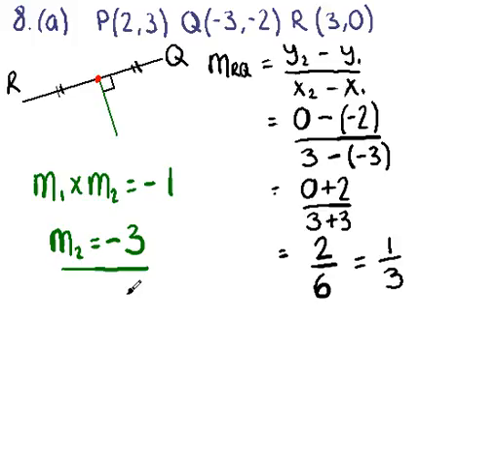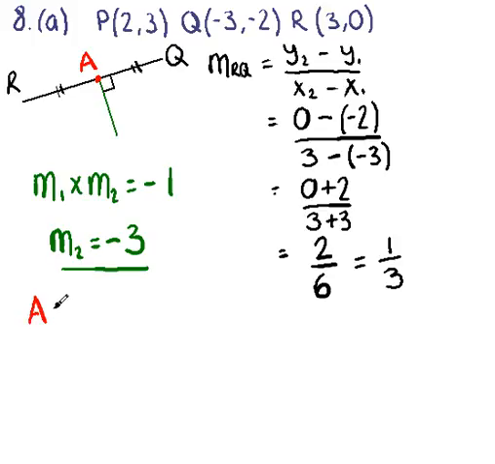What we need now is a point, and that's going to be this point here, the red point at the end, and the red point is the midpoint of the line RQ. So we'll call our midpoint A, and writing down our midpoint formula.